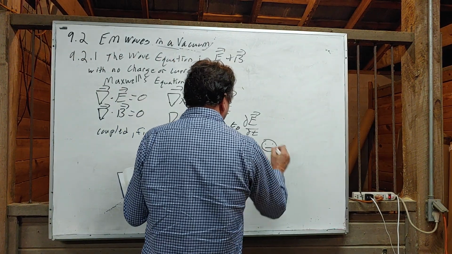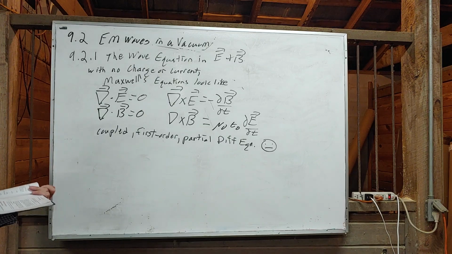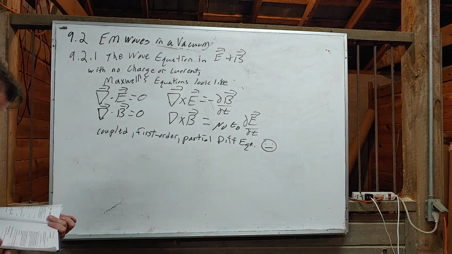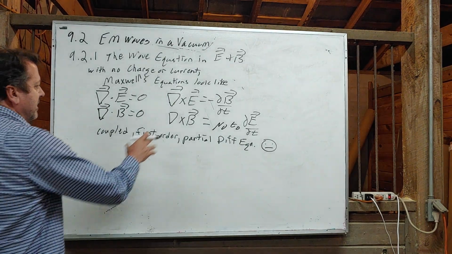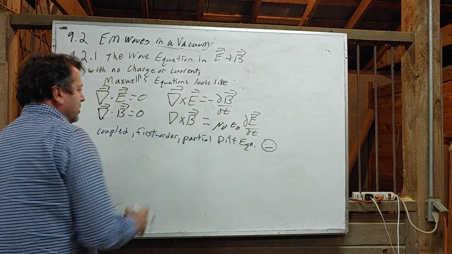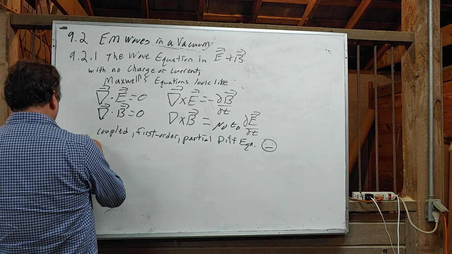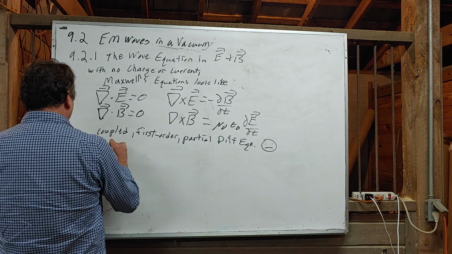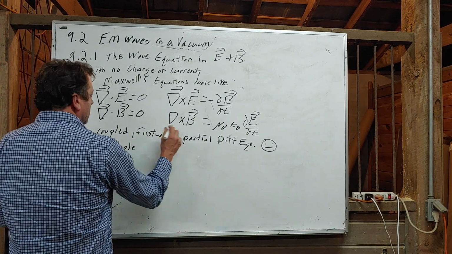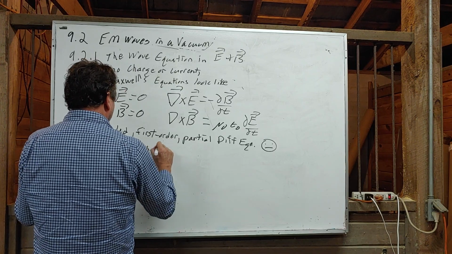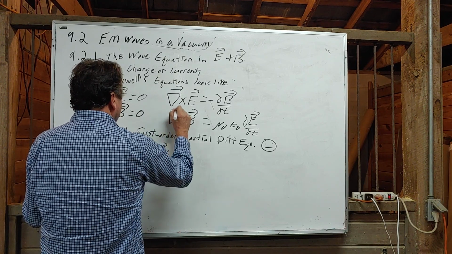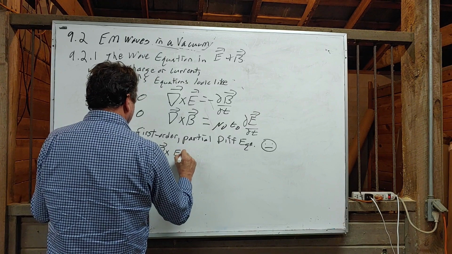But really, that's just decent. First order is easier to solve than second order. Let's try decoupling these and get these separate, because when you've got B's and E's together, it makes life more difficult. So let's decouple the del cross equations.